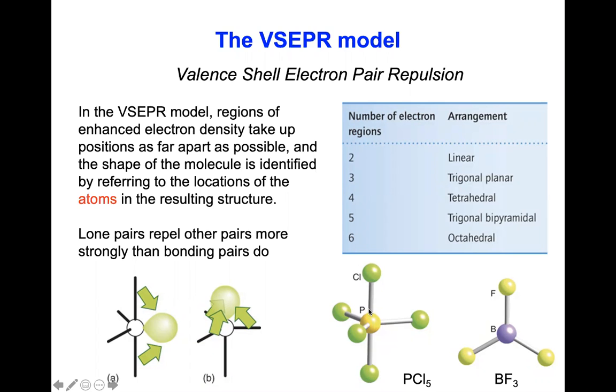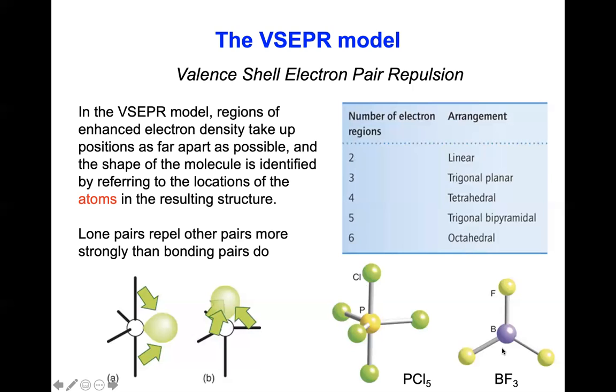In order to minimize the repulsion between the bonding pairs, because right now we have 5 electron regions from the 5 bonding pairs, we will have this trigonal bipyramidal geometry. That's the typical geometry you are going to have based on the number of electron regions, paired electrons or non-paired electrons.